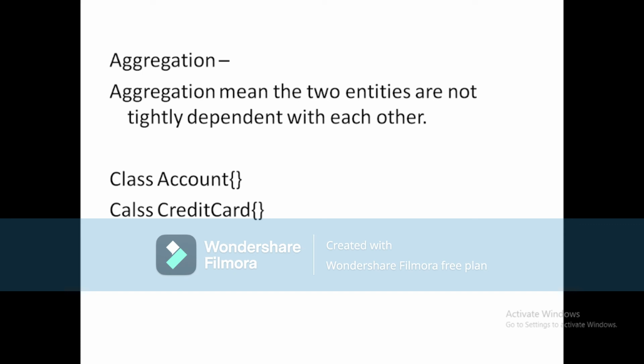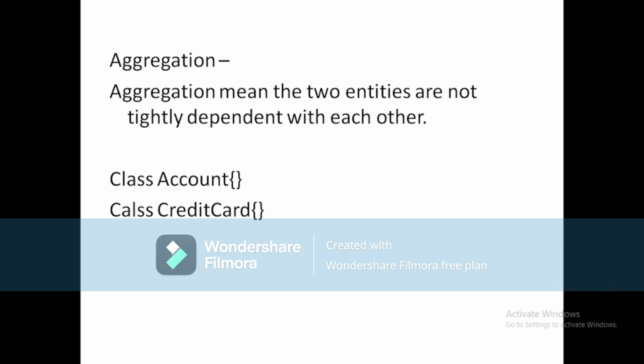Sometimes the customer who has an account also has a credit card, because we give credit cards to existing account holders. So sometimes account has a relation with credit card, but it is not tightly dependent. That kind of relation we can call aggregation.